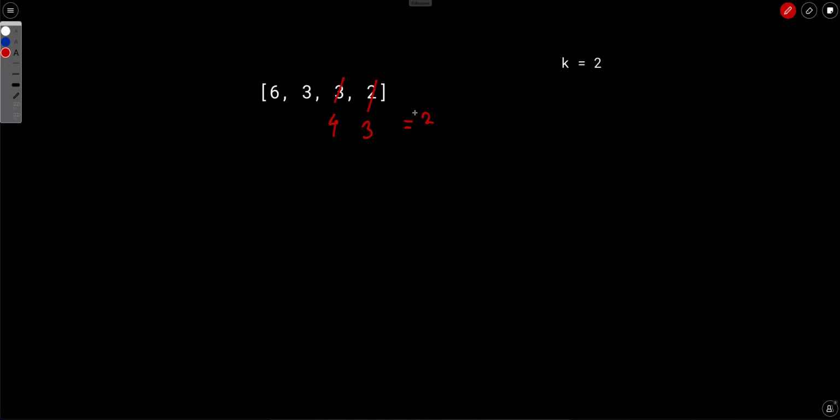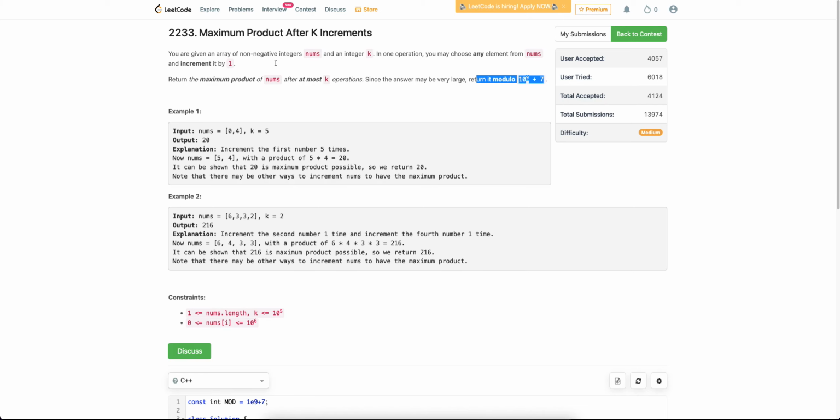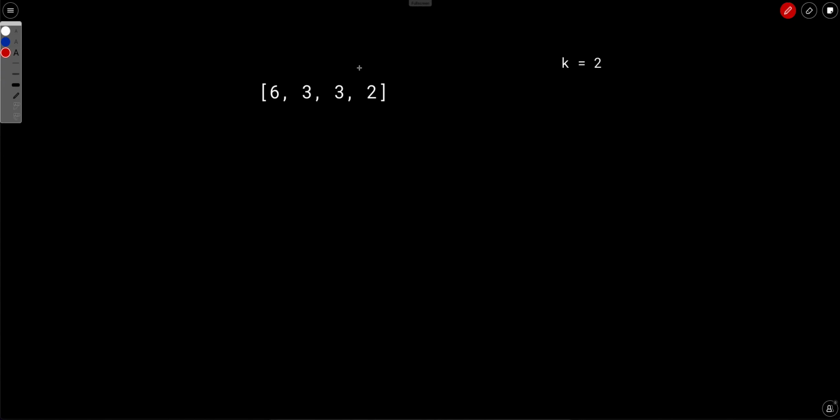Now let's try to solve the question. You can see we have to perform at most k operations. So let's understand in which conditions it makes sense to not perform all the k operations.